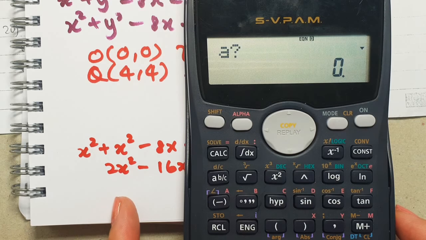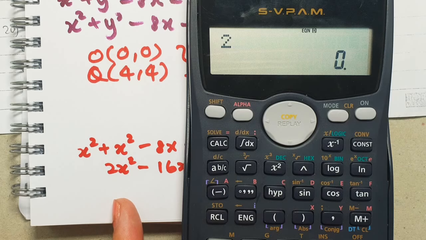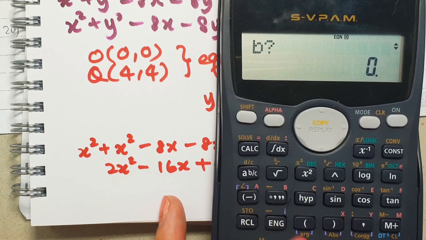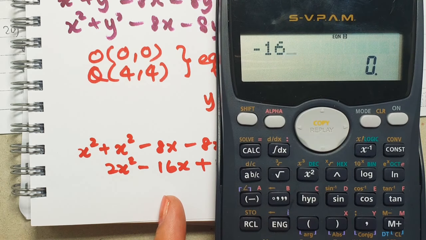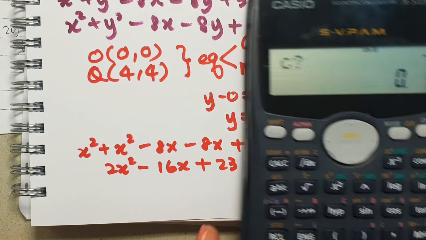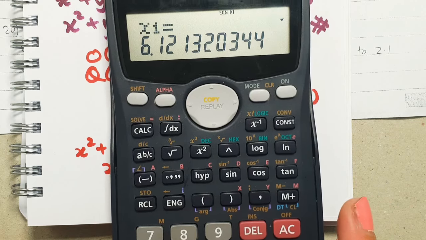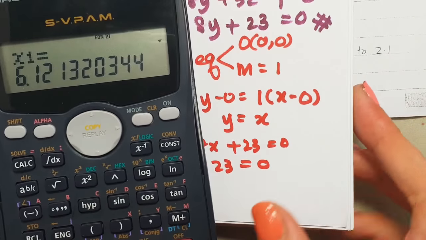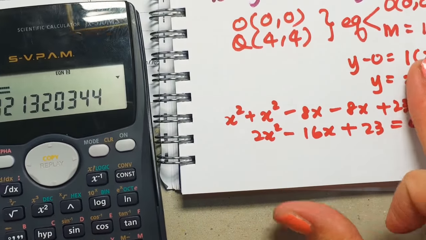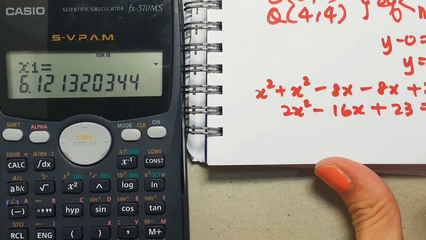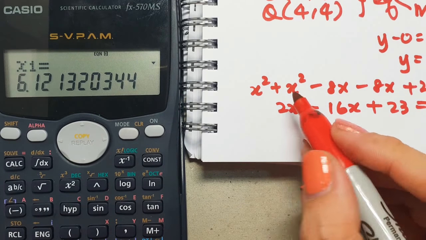My A will be 2, the B is negative 16, and the C is 23. Okay, so we will have x1 equals 6.12.